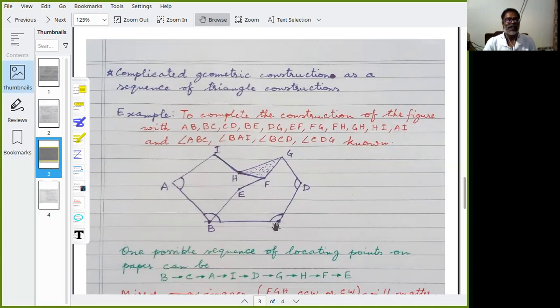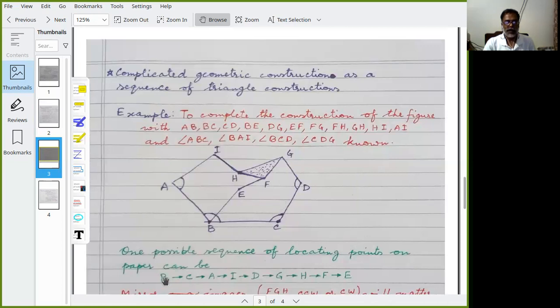That much you can anyway do, wherever on the paper you want the figure. So B and C you put first. Right now you cannot fix G, but you can fix A.